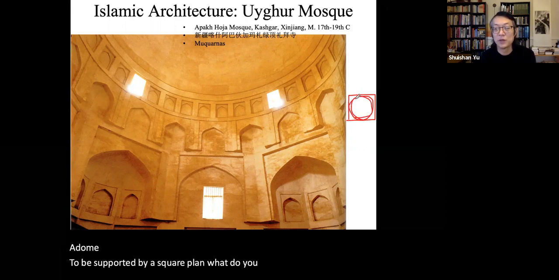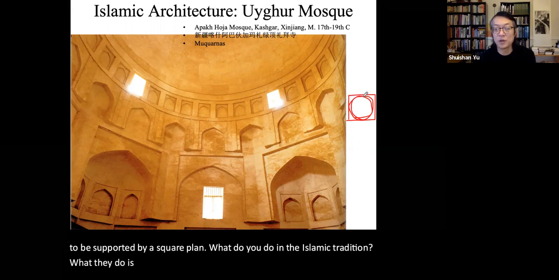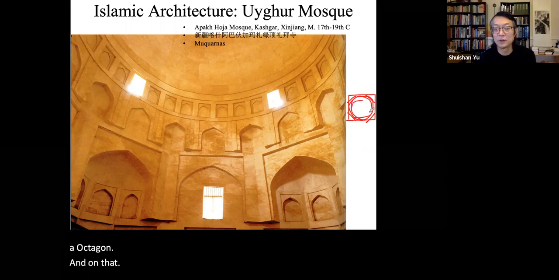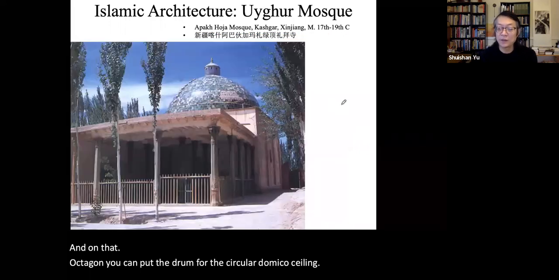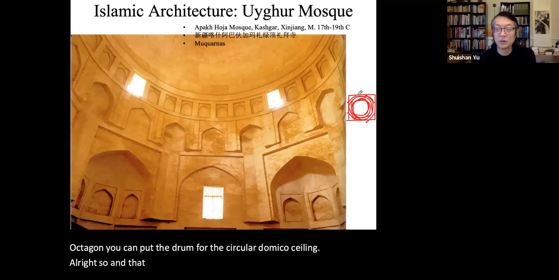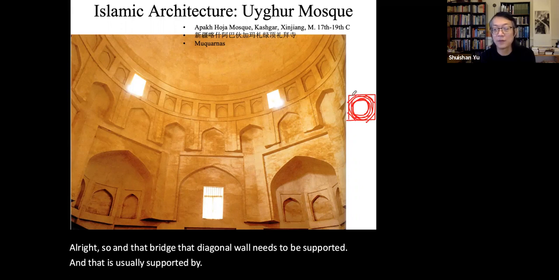In the Islamic tradition, what they often do is first bridge the corner of the square into an octagon. And on that octagon, you can put the drum for the circular domical ceiling. And that bridge, that diagonal wall, needs to be supported, and that is usually supported by a half dome.